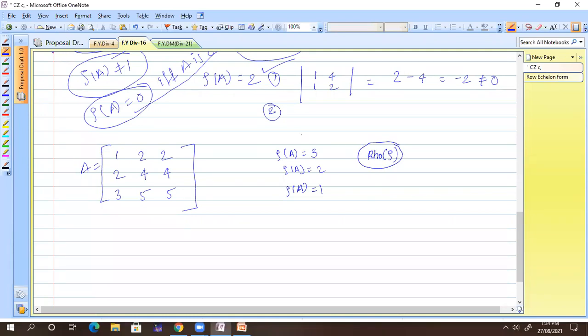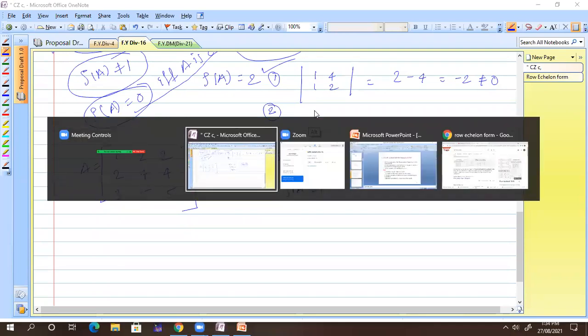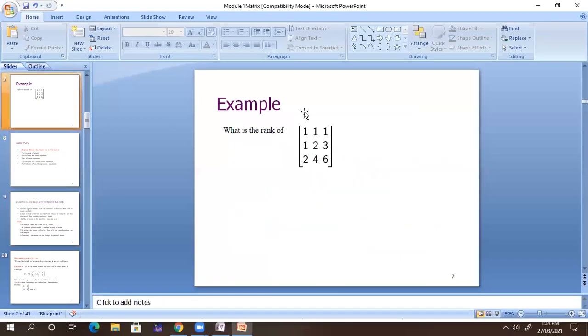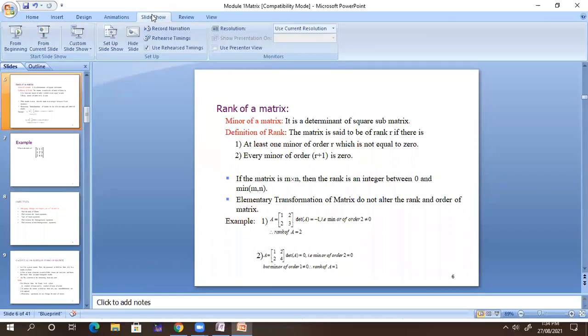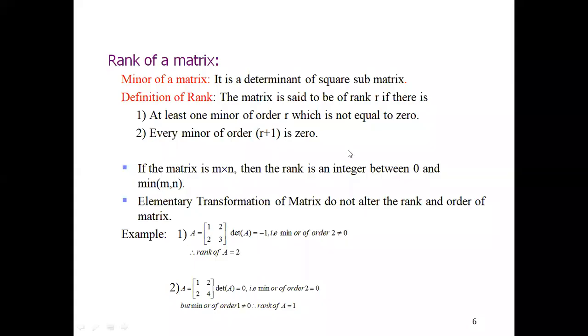Why is it 3? What is the definition? Can I keep the definition in front of you once again? Yes, this is the definition I have, from the current slide. Read it.